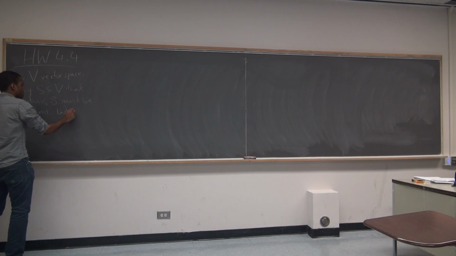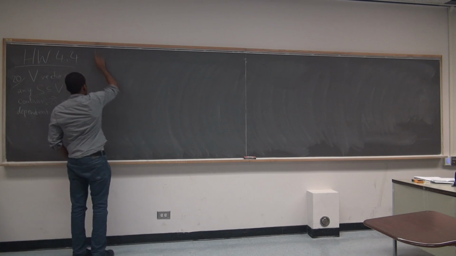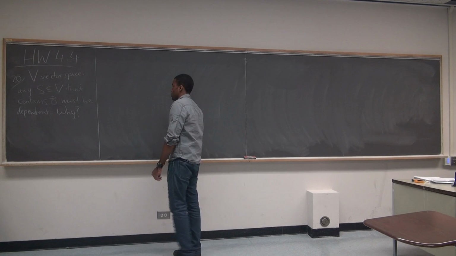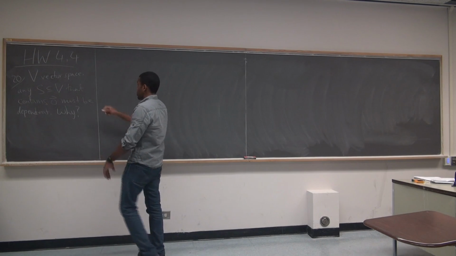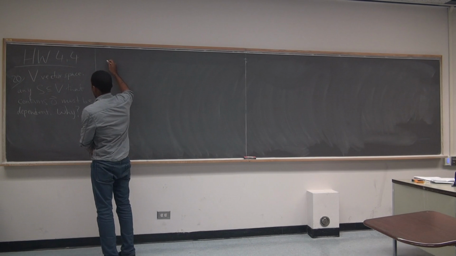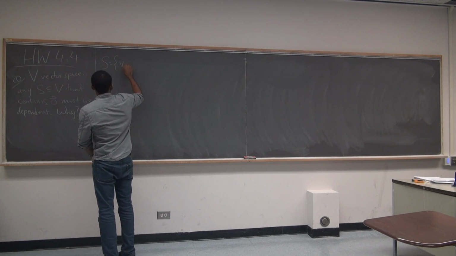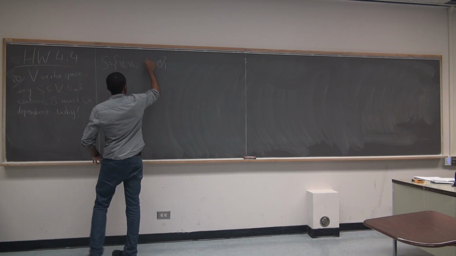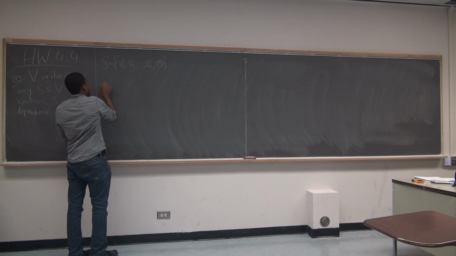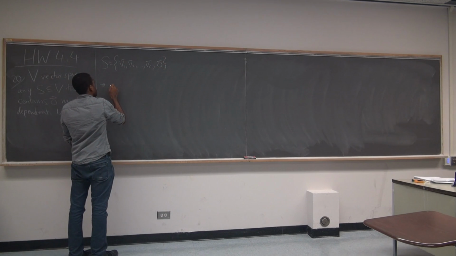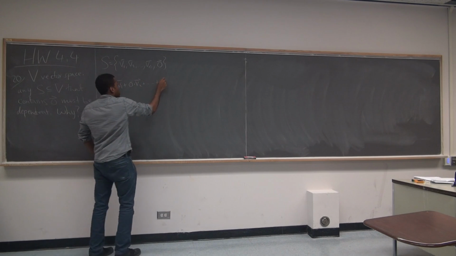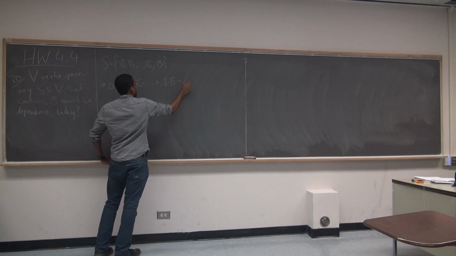Why is that? Because the zero vector can be expressed as a linear combination of any set of vectors. Exactly. So if we say S is v1, v2, to some vn, and also the zero vector, then if we take 0 times v1 plus 0 times v2 plus 1 times the zero vector, we get 0.